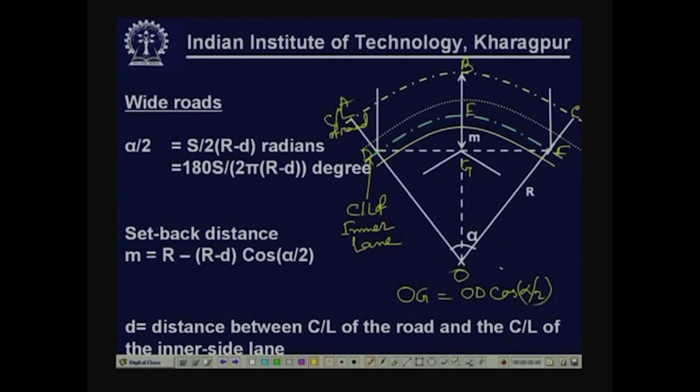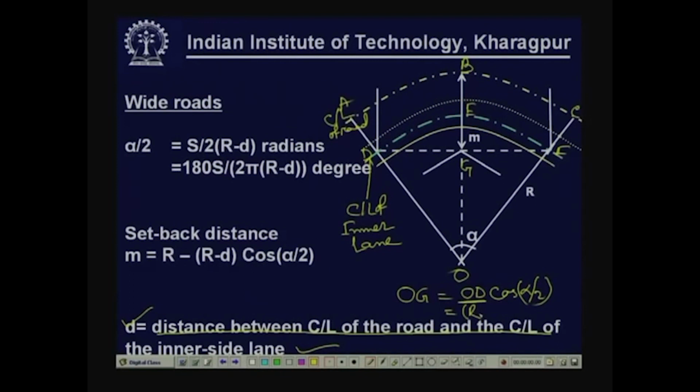OD is nothing but OA minus AD, that means AD is nothing but the distance which is indicated here as small d, the distance between the center line of the road and the center line of the inner sight lane. So, OD is nothing but, if R is the radius, R is up to OA, OB, OC.